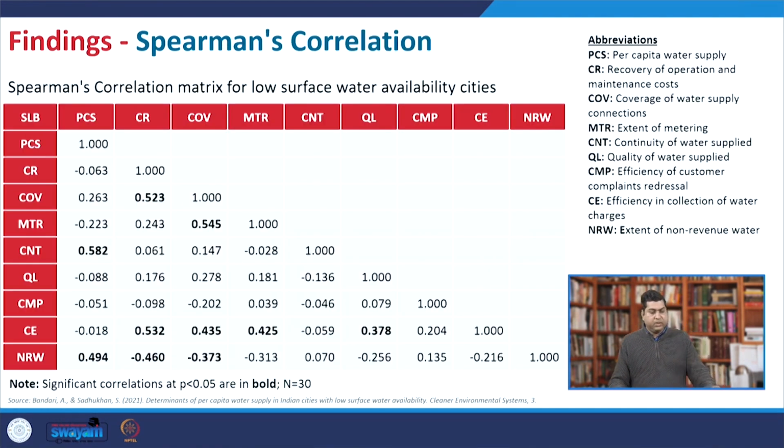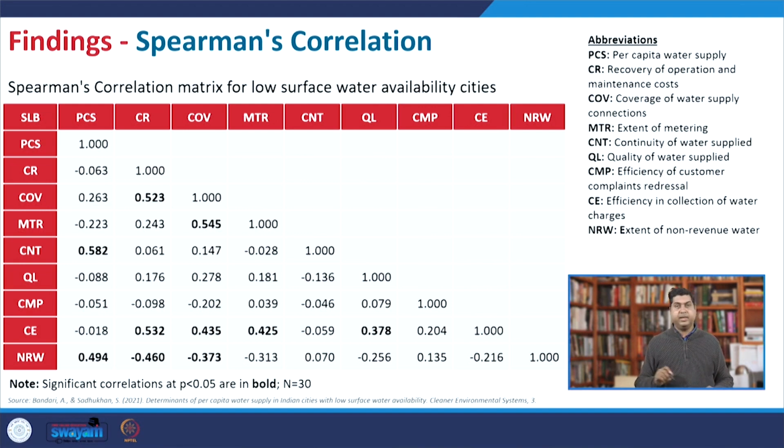Now coming to the results straight away. There are other results also reported in the paper, but here I am just taking some of the important findings for demonstration purposes.